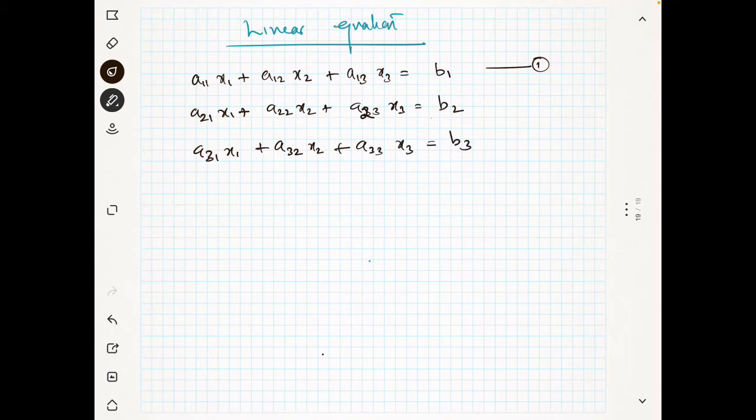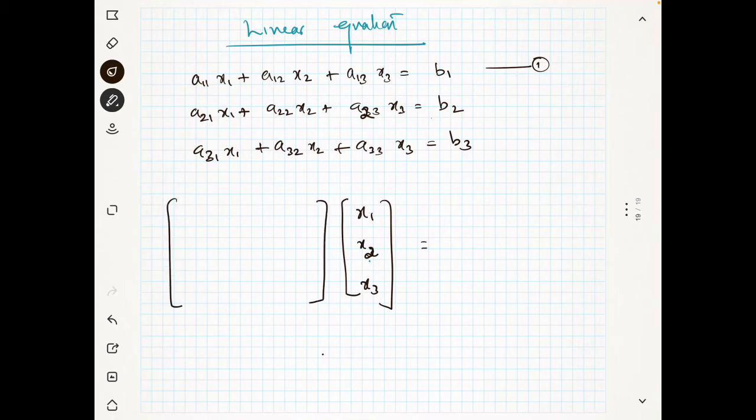You can see that all these A's are representing the coefficients and B is the right hand side of this equation. So I can represent this as a matrix. x1, x2 and x3 can be represented like this, and on the right side I have B1, B2 and B3.